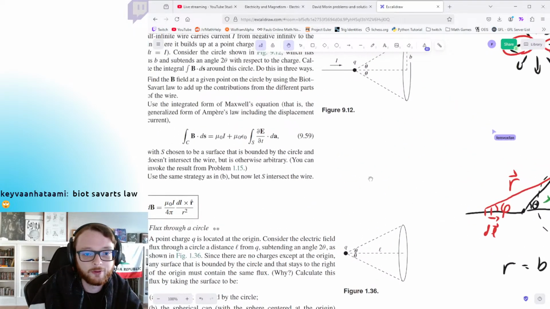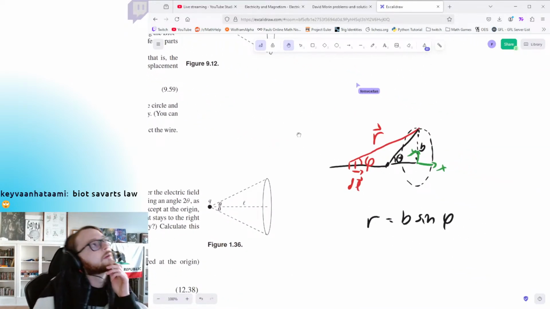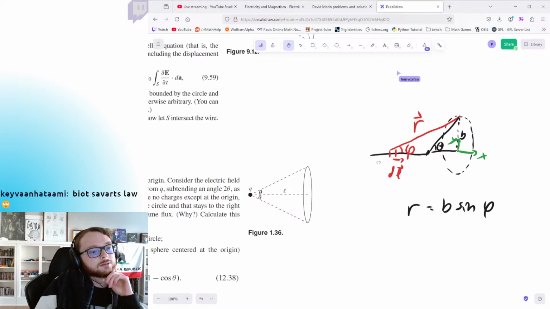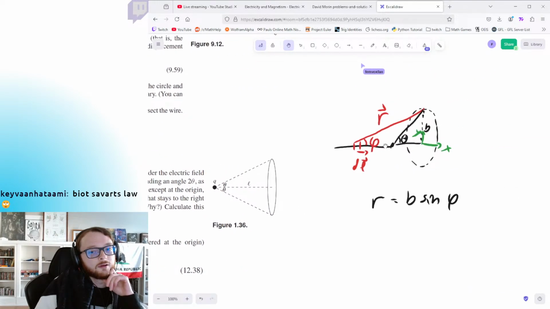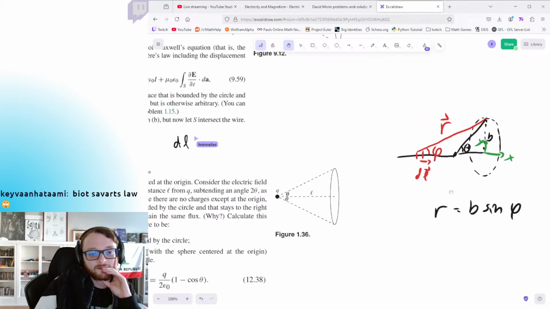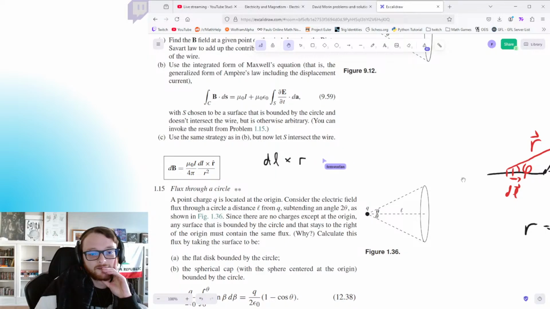So wait, we're crossing R and L. It's not trivial, right? DL cross R, magnitude is magnitude DL.